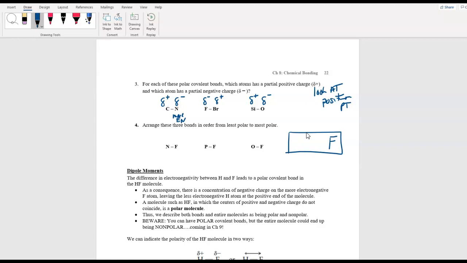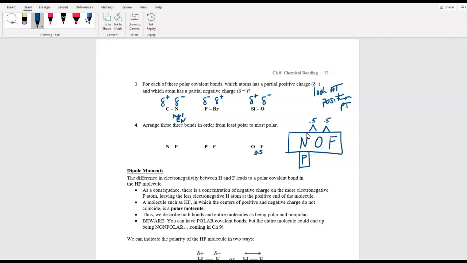I have oxygen that sits right next to it, and then I got nitrogen that sits right here, and then phosphorus sits right there, right below nitrogen. Now, you already know that the difference between each one of these is a 0.5 difference. So 0.5 and 0.5. So between oxygen and fluorine, because like I told you, you should know some of these trends. Between fluorine and oxygen, you're going to get a 0.5 difference.